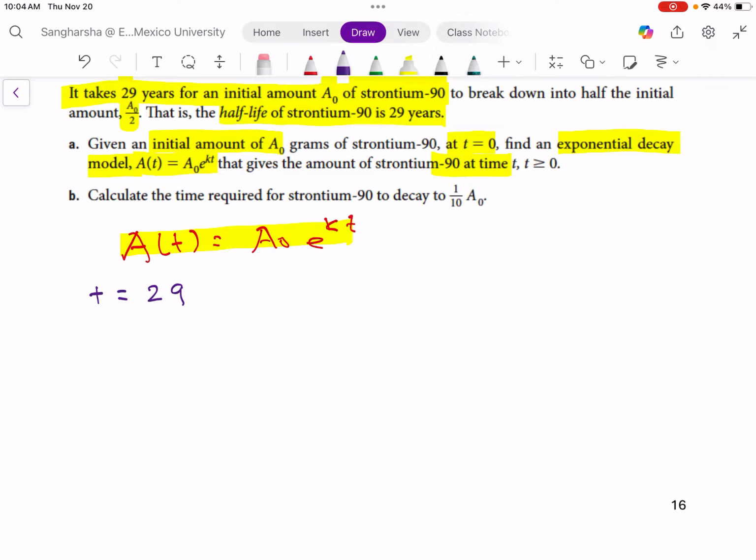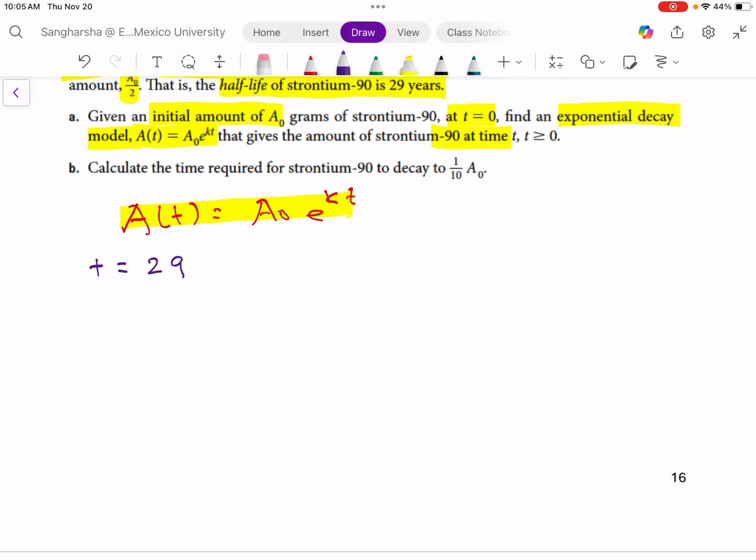If t is 29 years, what will be the amount of strontium 90 in 29 years? Let me replace t by 29. So if t is 29, then A of 29 equals A naught as it is, e to the power k times 29.